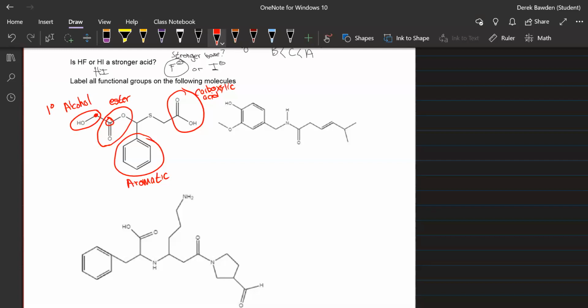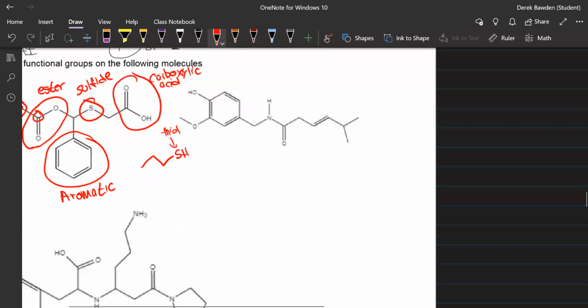So you know you're in the right ballpark. If it's just sulfur by itself, it's sulfide. If it was like an SH on the end of a group like that, because it has a hydrogen, that would be a thiol. Okay, but very close.